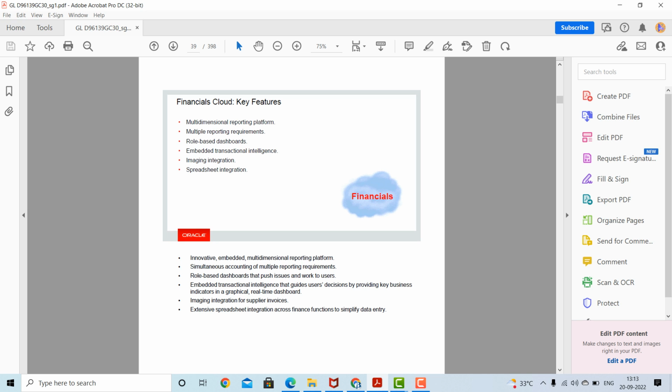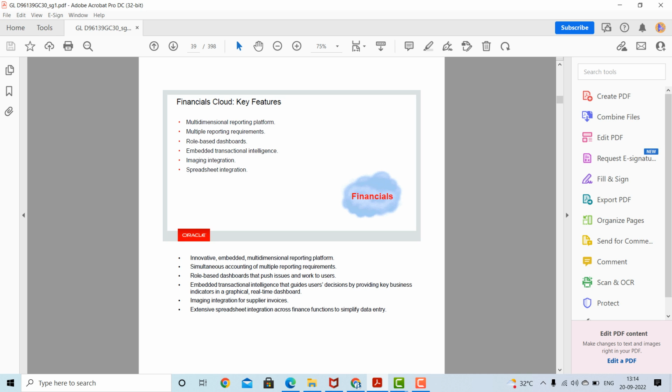Role-based dashboards push issues and work to users. Embedded transactional intelligence guides users' decisions by providing key performance indicators in graphical, real-time dashboards.